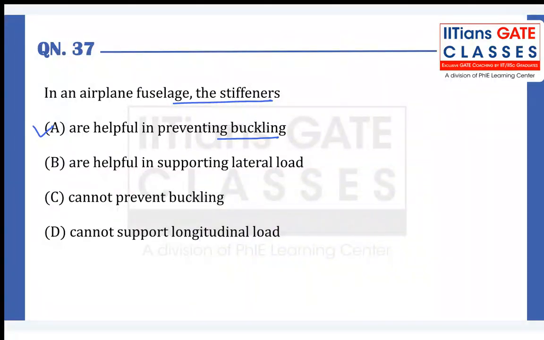Lateral loads are actually supported by the skin, and then those lateral loads will be transmitted or redistributed to the bulkheads and longerons. So the major role of stiffeners is helping in preventing buckling.